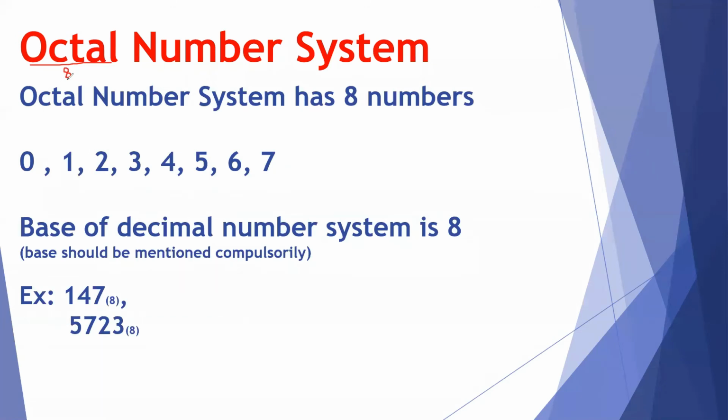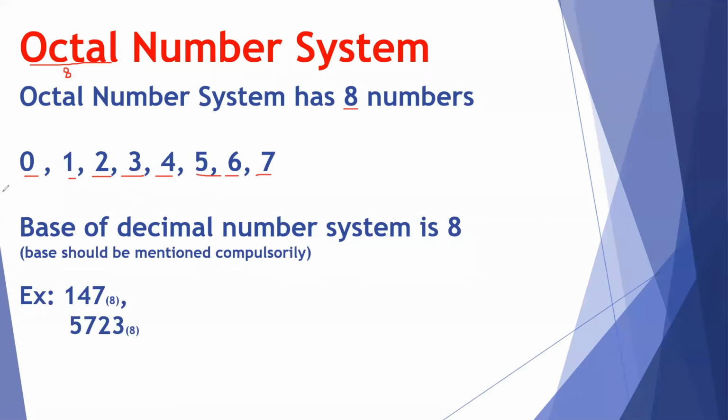That's why the numbers should be 8 in number. So the octal number system has 8 numbers. Let us begin from 0: 0, 1, 2, 3, 4, 5, 6, and 7. In total, there are 8 numbers. 1 to 7 is 7 numbers, including 0, it becomes 8.